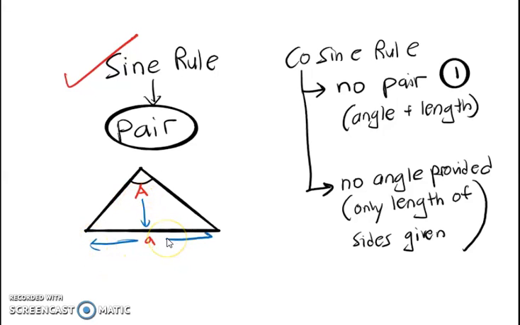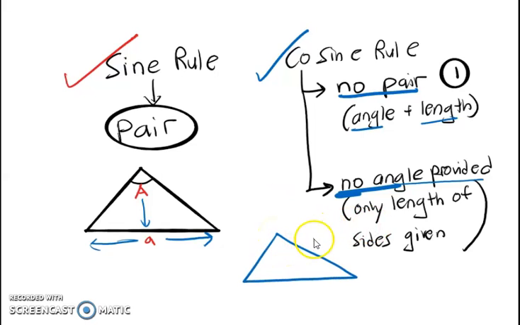For the cosine rule, the first case is that there is no pair given, where a pair means the angle and the length. For the second case, there is no angle provided and you only have the lengths of the sides, so you have a, b and c and no angle given.